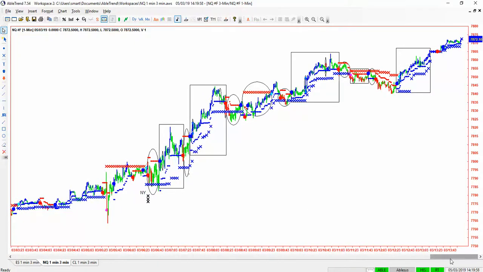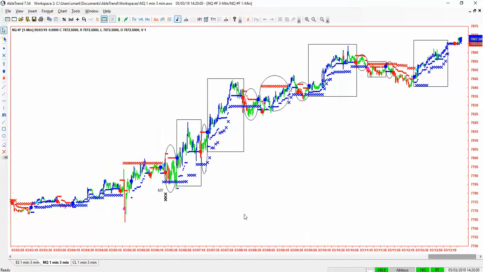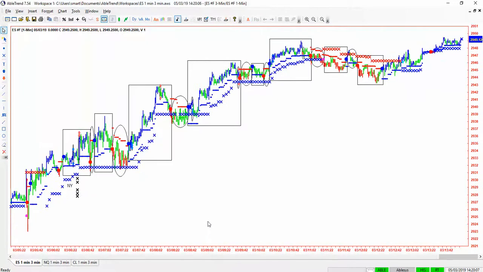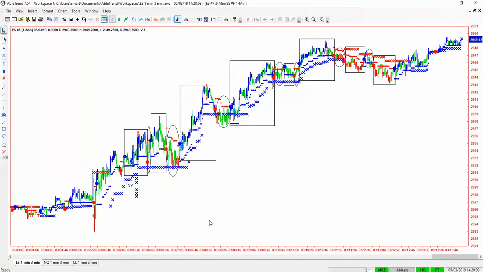And this is why I mark my charts for reference, and then I step back and take a look at the big picture, to look at the overall trend. If you look on the E-mini S&P here, the overall trend on the ES is positive. See how it trends up, trends up, trends up, trends up, comes down just a hair, and then back up.